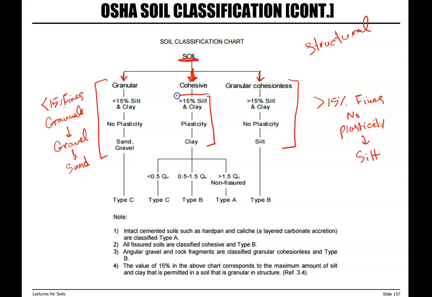So it's clay. And that's when we look at unconfined compressive strength to see if it's considered Type A, B, or C. And this is how we classify soil for excavation based on OSHA.